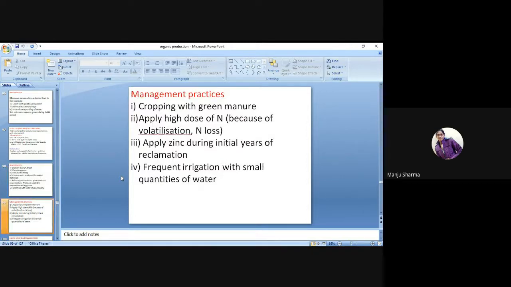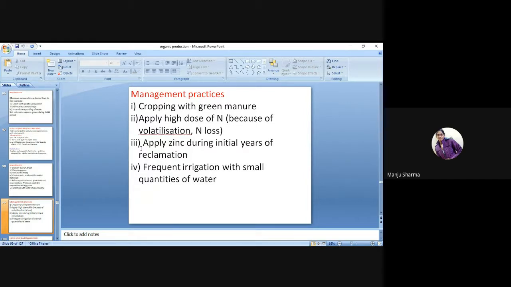After that, their management practices. In management practices like cropping with green manure, apply a high dose of nitrogen because of volatilization nitrogen loss.